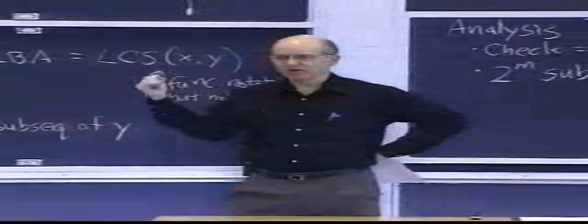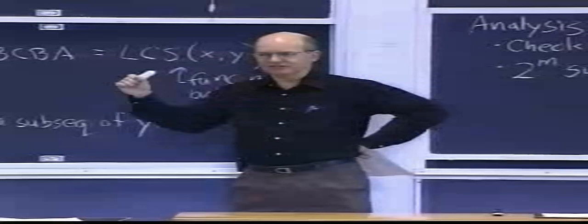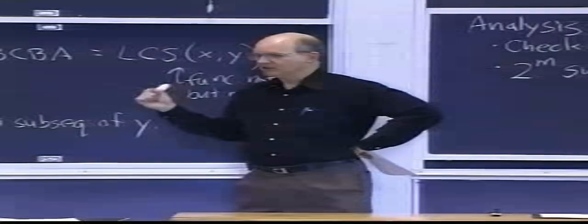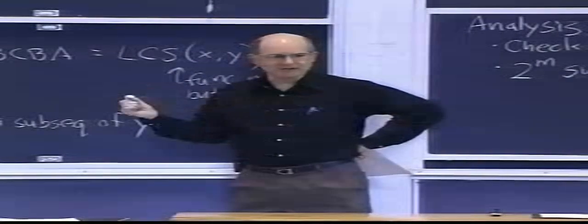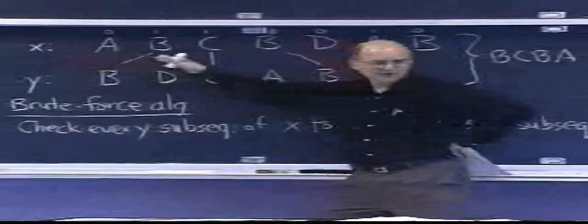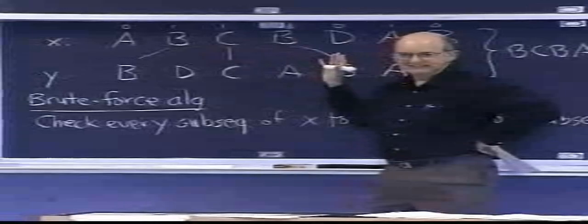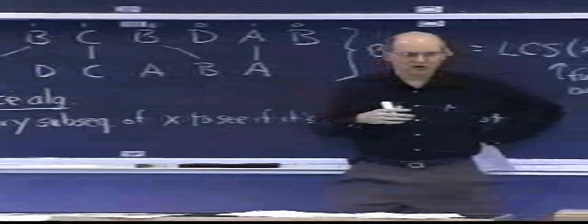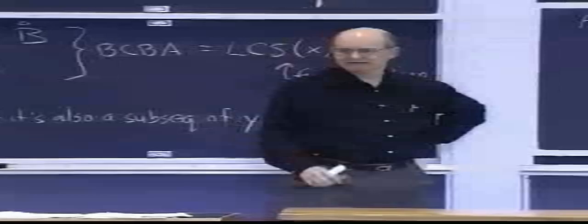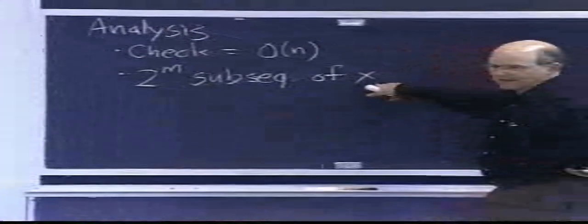And where it's 0, those are the elements I ignore. So if I look at every distinct bit vector, that gives me a bunch of different sequences. Now, of course, I may have some repeated sequences in here. But in the worst case, all the characters are different. And so then I'll have essentially 2 to the m subsequences of x.